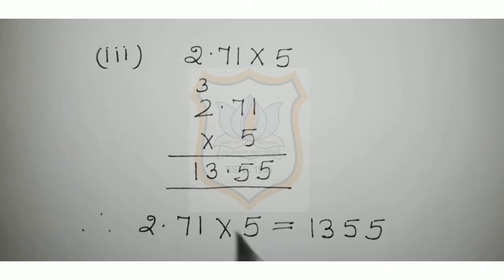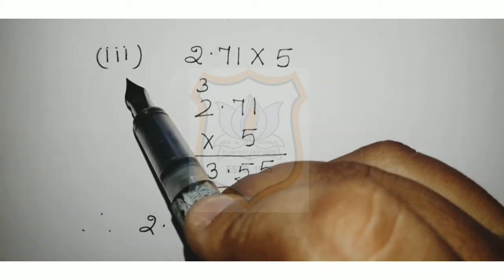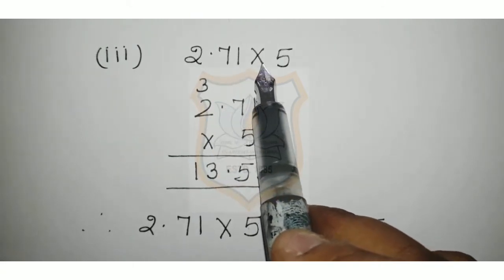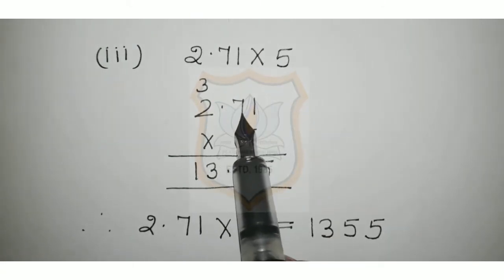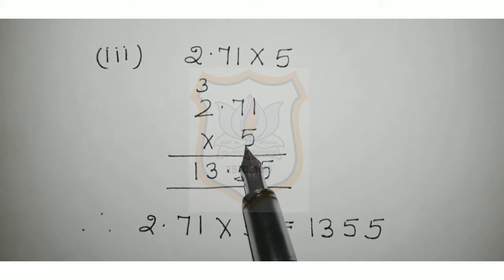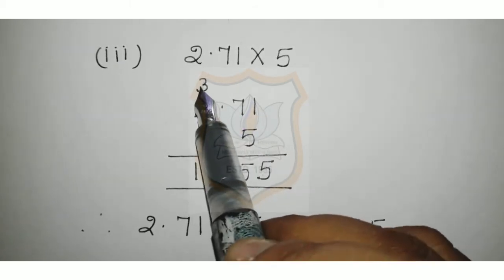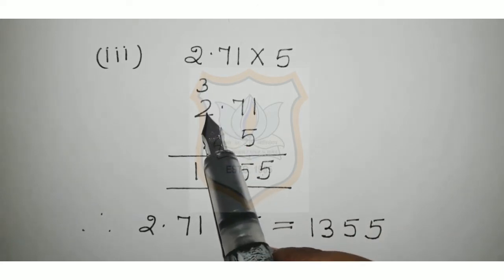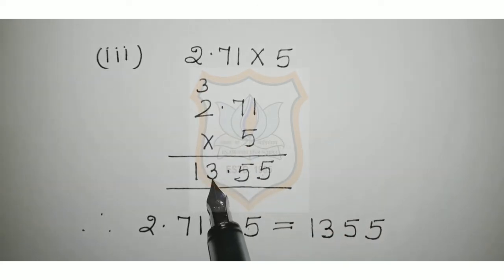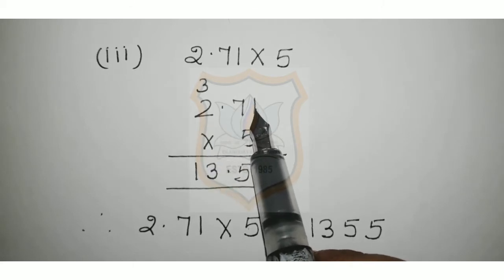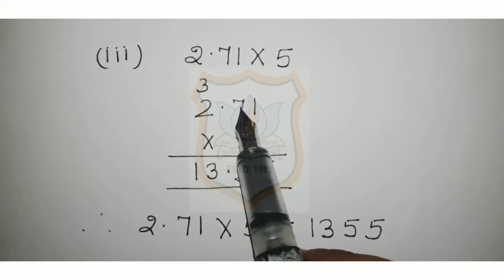Now we will solve third part of question number 1 exercise 2.6, that is 2.71 multiplied by 5. 5 ones are 5, 5 sevens are 35, 5 and carry forward 3, 5 twos are 10, 10 plus 3 that is equal to 13. Now in 2.71 decimal is after 2 digits, that is after 1 and 7 here.